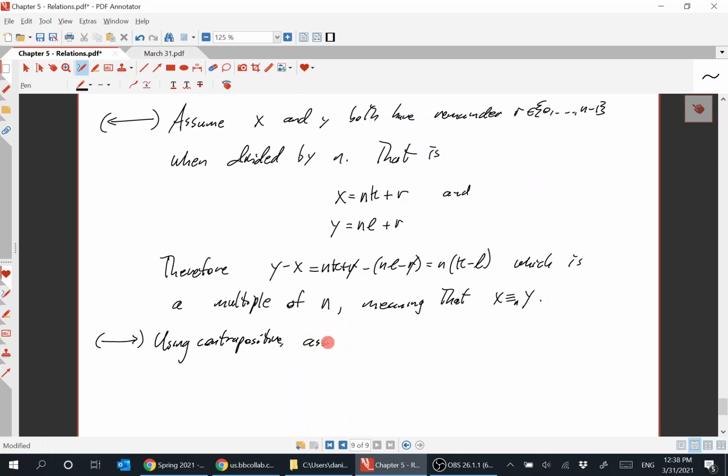All right, assume x and y don't have the same remainder when divided by n.